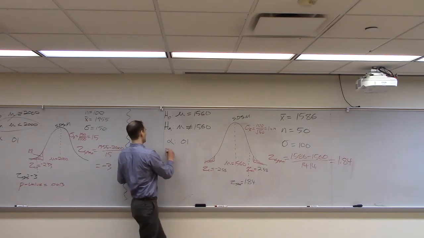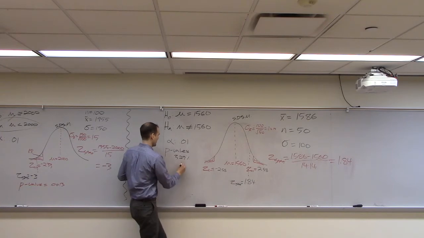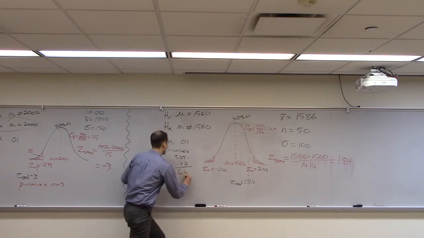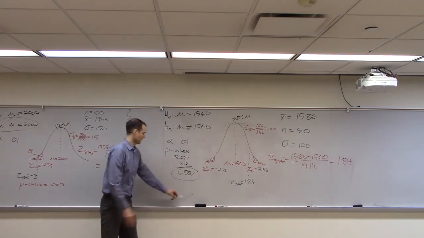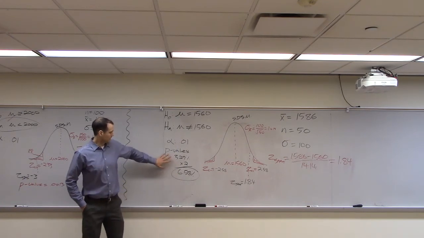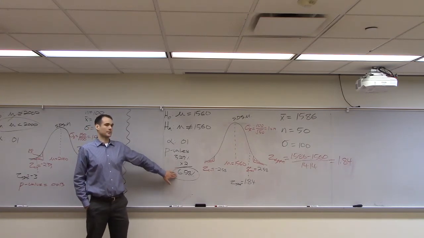So the p-value is 3.29% times 2 equals 6.58%. I want to throw that out there before I explain it, because I don't want you to lose sight of it's just a simple calculation. Find the area under the curve and double it.